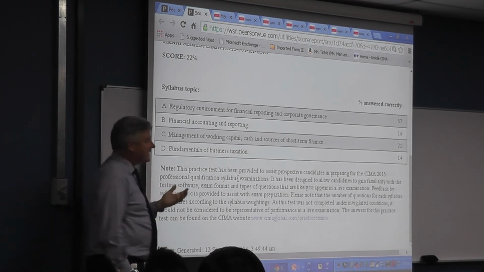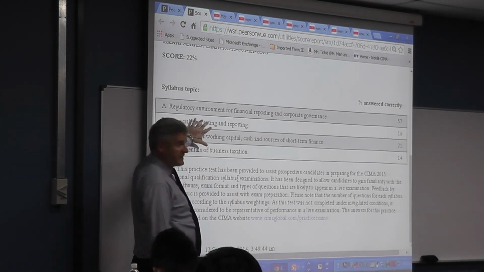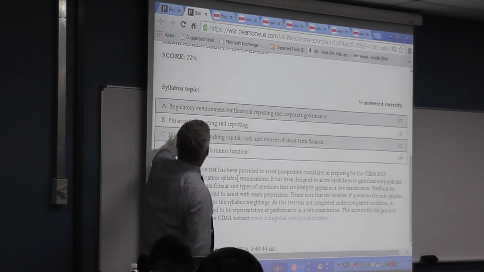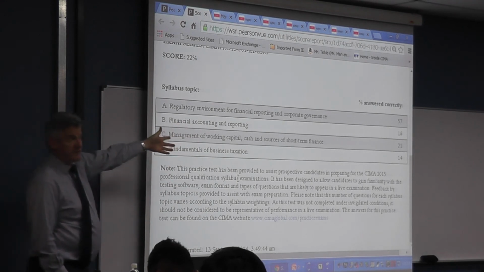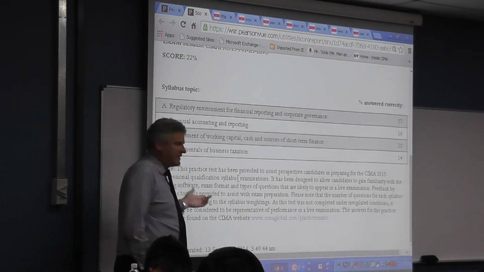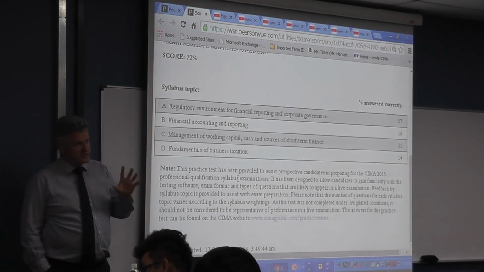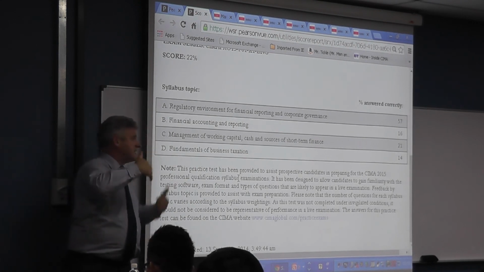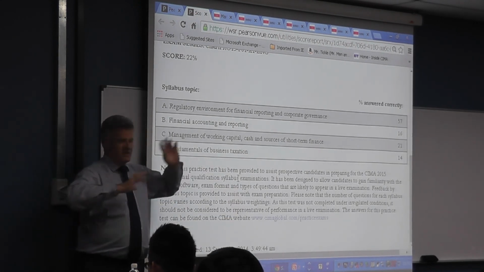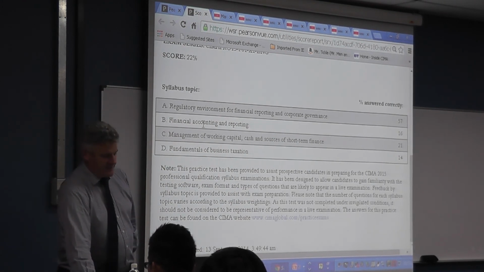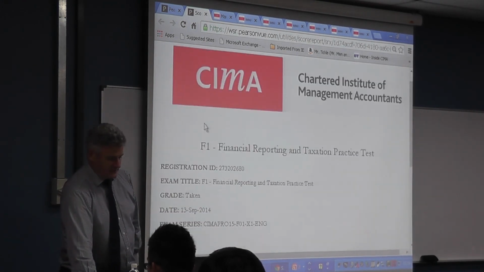But it's not an indicator really of anything. It's a slightly different syllabus. There's stuff in here on the management of working capital that you wouldn't have done in your F1 exam. It's a different syllabus, a different exam, it's just for the experience. That's why I'm saying have a mess around with the E3, the E1, the P2, have a mess around with them all. See if you can get more exams done than me, or Her Majesty the Queen.